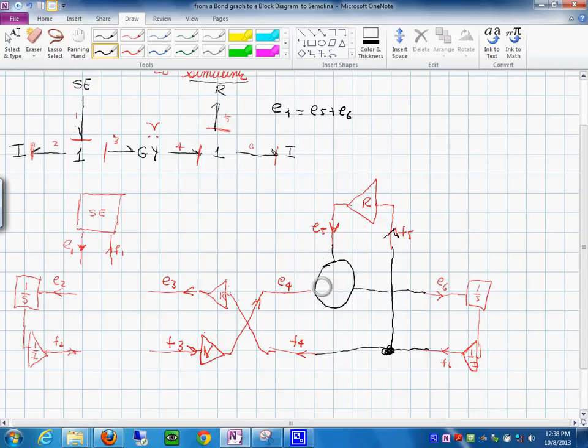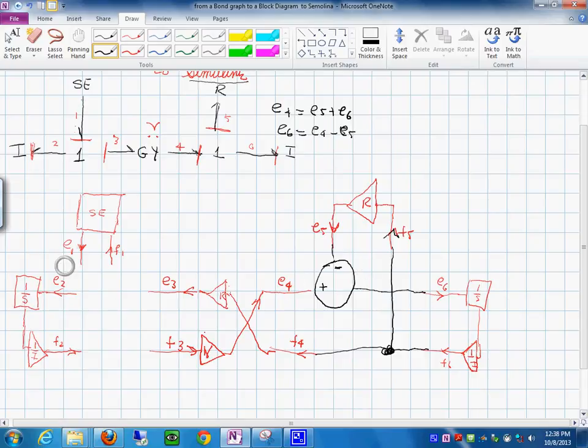But you see the way the signals go on here, two of them come in, one goes away, and the one that goes away is e sub 6. So if you rewrite this equation in terms of the one that goes away, e sub 6 is e sub 4 minus e sub 5. And if that's true, e sub 4 is plus here, and e sub 5 is minus.